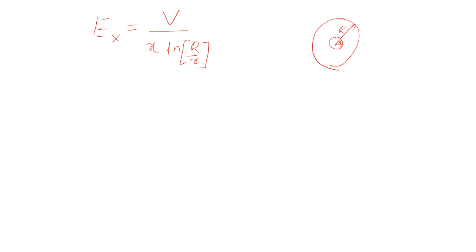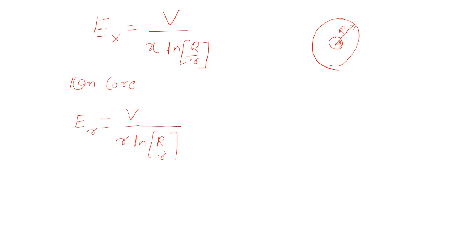So if we find out the electric field stress at the surface of the core, what we can write, we will replace x with the radius, so we will write it V by small r ln of capital R by small r, right?